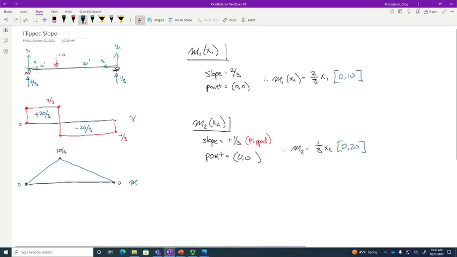The only downside is that your real moment functions have to be done the same way. So that's what I mean when I say flipped slope: if you're flipping the coordinate system, the slope changes sign. It's the same magnitude, but it changes sign.